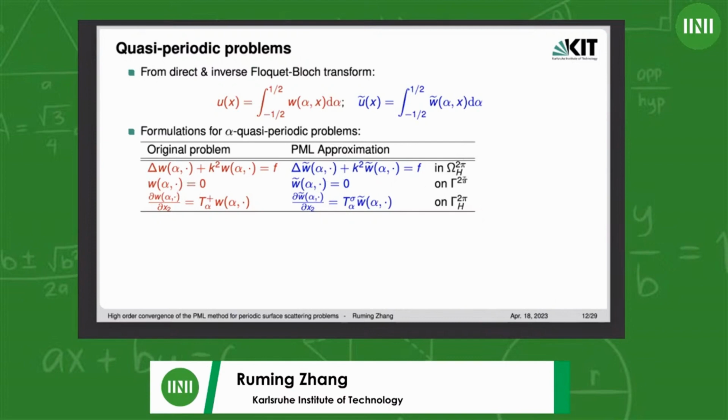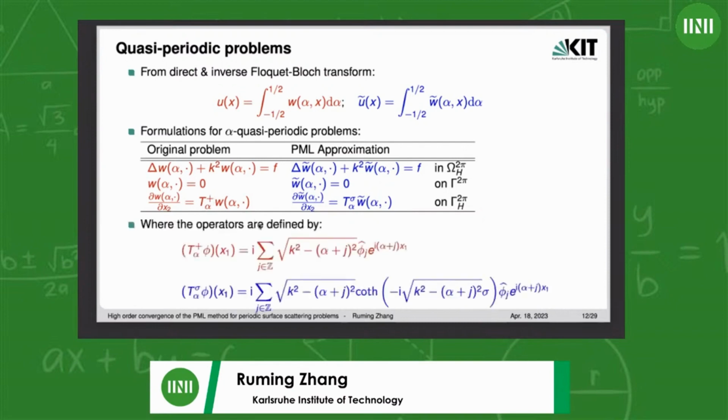And on gamma 2 pi, they satisfy the same boundary conditions, but on gamma h 2 pi, which is gamma h restricted to one periodic cell, the Dirichlet-to-Neumann maps are different. So these are different Dirichlet-to-Neumann maps. You can see that the hyperbolic cotangent function in the original Dirichlet-to-Neumann map comes here.